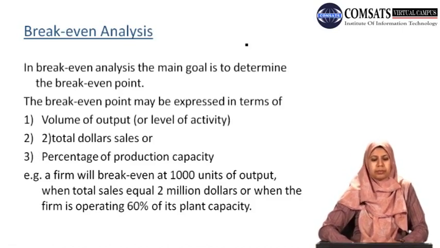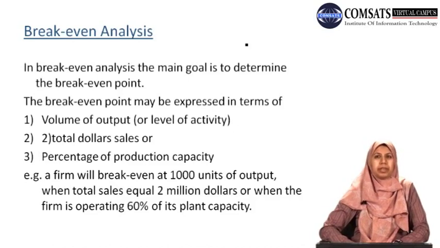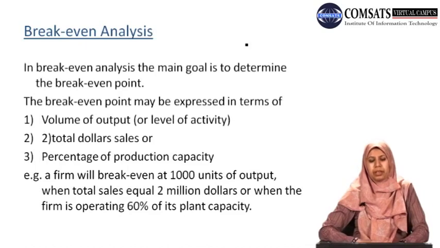So what is the main goal in break-even analysis? Is to determine the break-even point. That is the point at which the revenue function is equal to the cost function, or to obtain the zero profit.